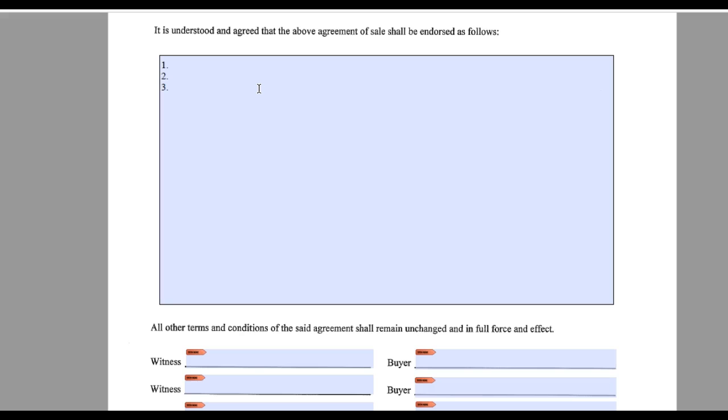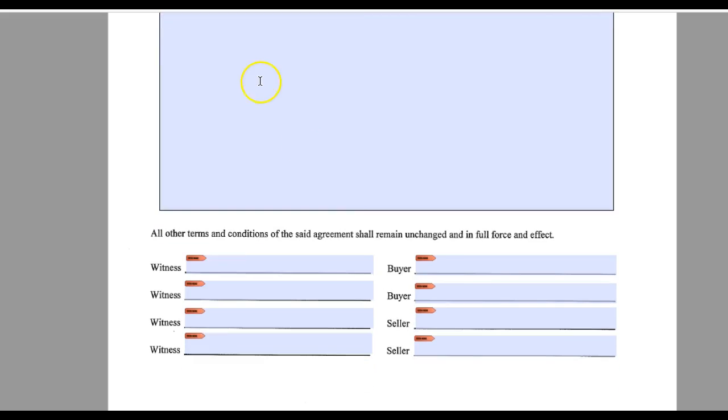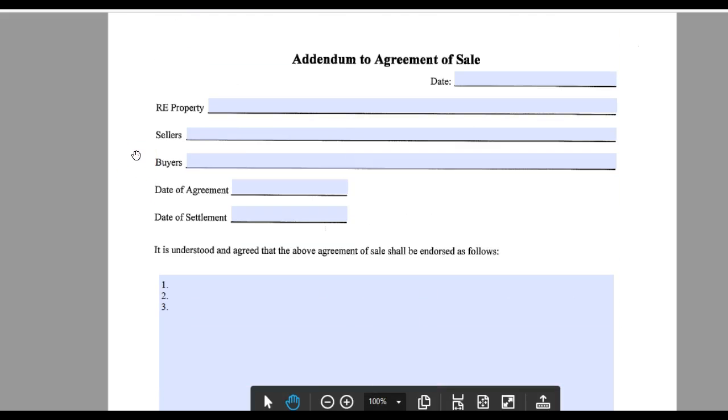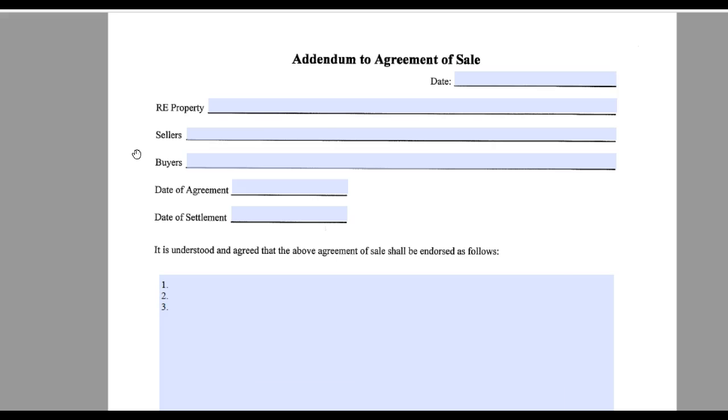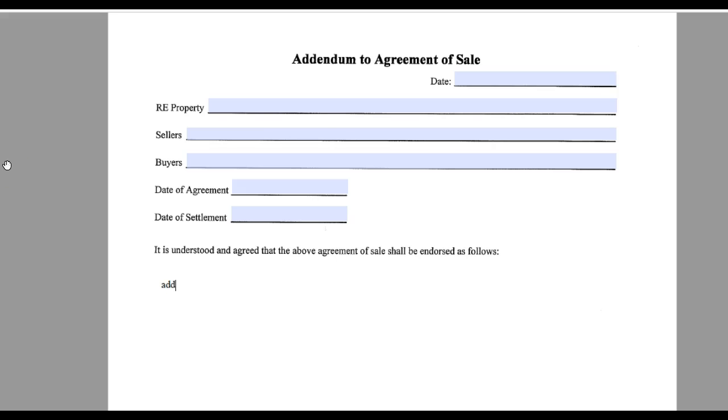If you want to put in the address, 123 Apple Blossom, that's fine. But when I write this out, and I have no signatures on it, and I'm about to send it to my buyers, if that's who I represent, to sign it first, I'm going to put a -A at the end of that file name. I'll just type it right in here to show you. This is not part of an addendum, I'm just using this as whiteboard space. This is how I would save it.